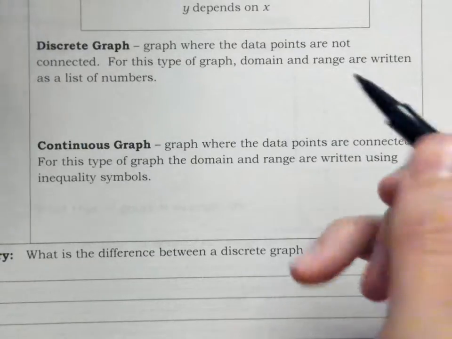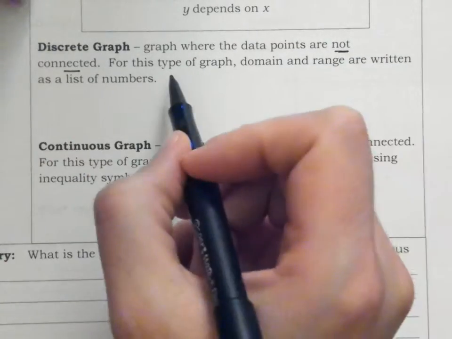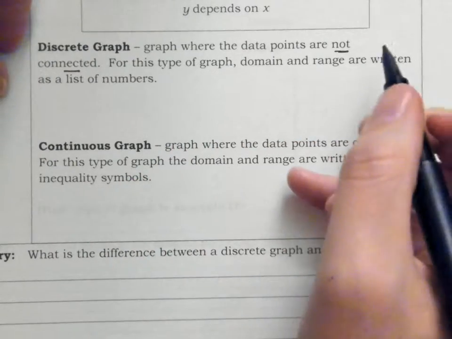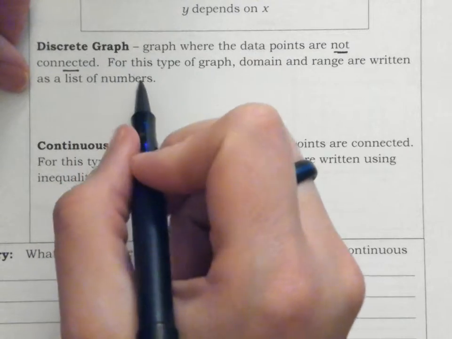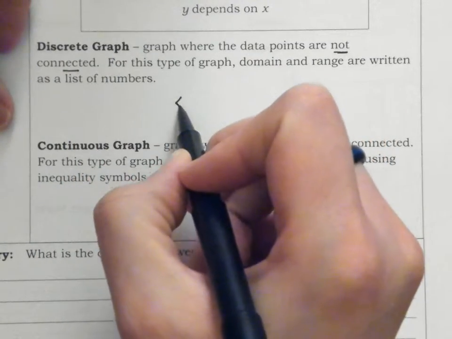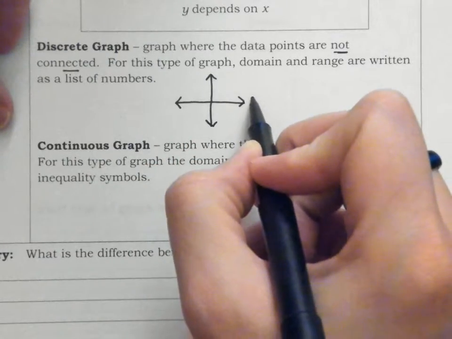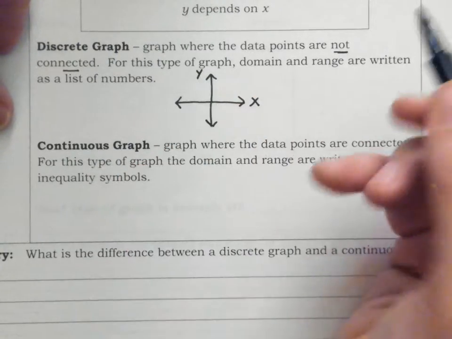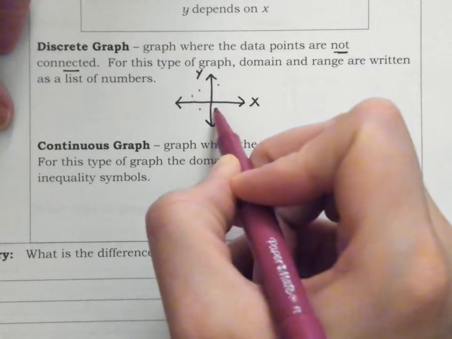So there's a lot of vocabulary on this front page. Discrete graph is a graph where the data points are not connected. For this type of graph, domain and range are written as a list of numbers, which is what we're going to start doing today, domain and range. So if I have a graph, and I put x and y, basically a discrete graph is just kind of like a scatter plot.